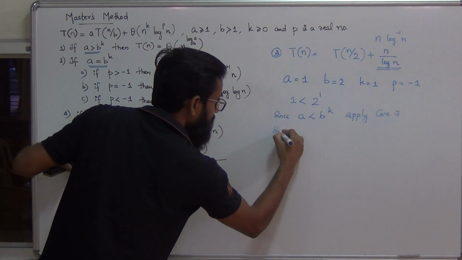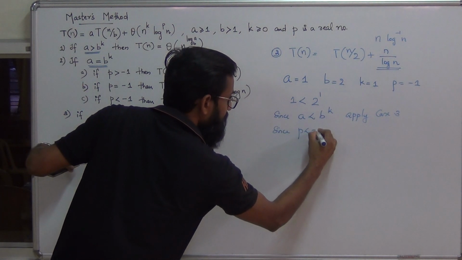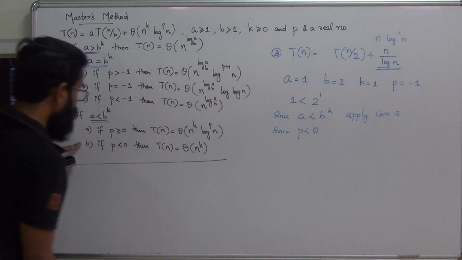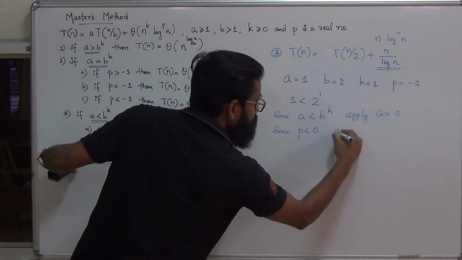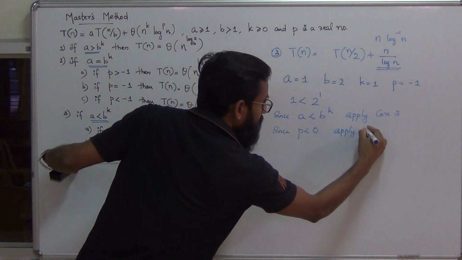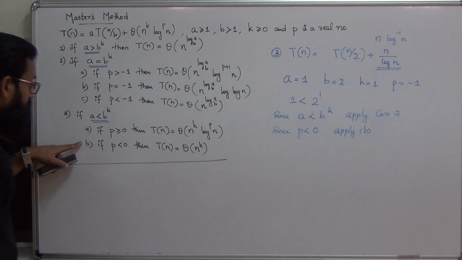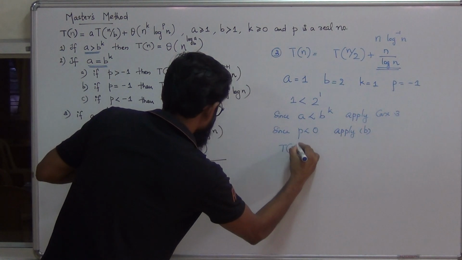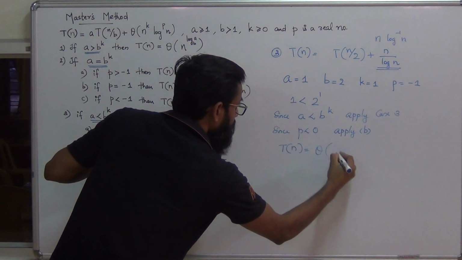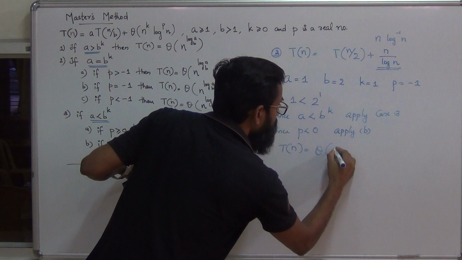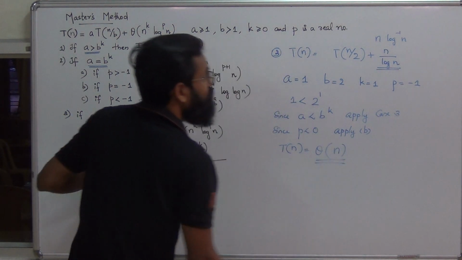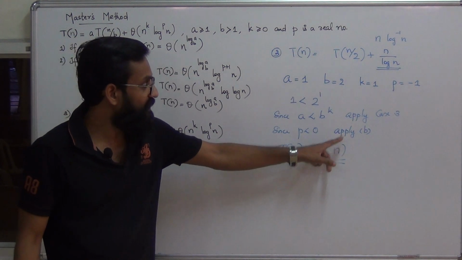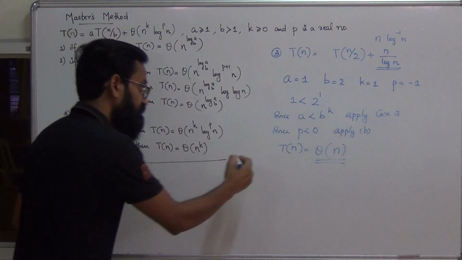So since p is less than 0, apply subcase B. That is T(n) is equal to Theta(n^k), so here it is Theta(n^1). So that's it.